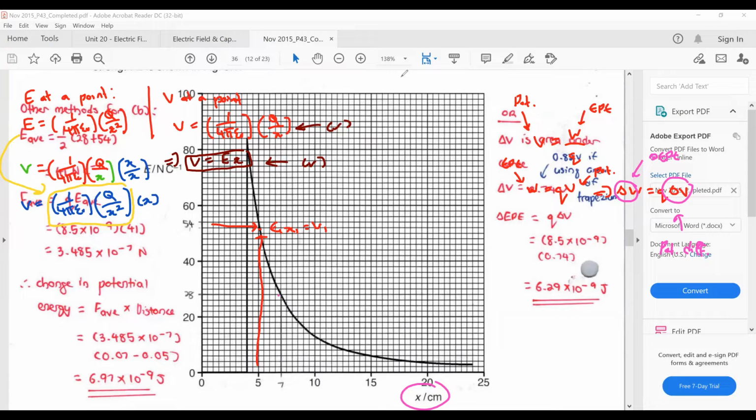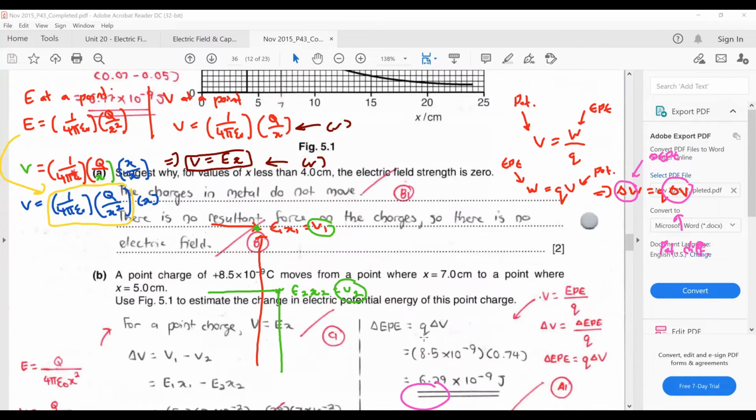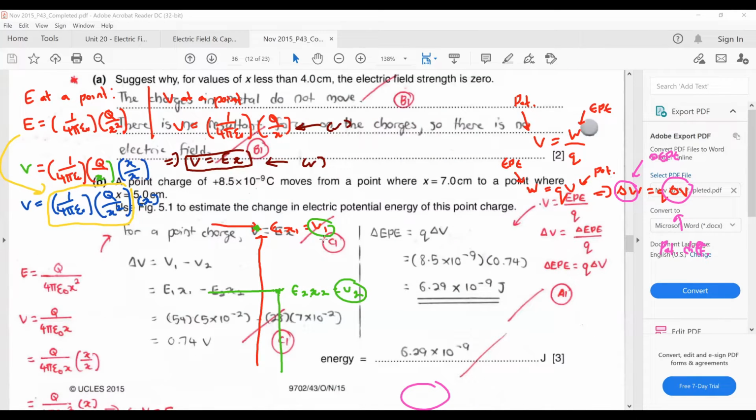If you're talking about 7 centimeter, this is the corresponding value of field strength. The E2, X2 here will give you the value of V2. So now you will have the values of potential at this point and this point. If you find the difference and multiply with your charge, you'll be able to find out your change in electric potential energy. So that's why your workings here was written as this.